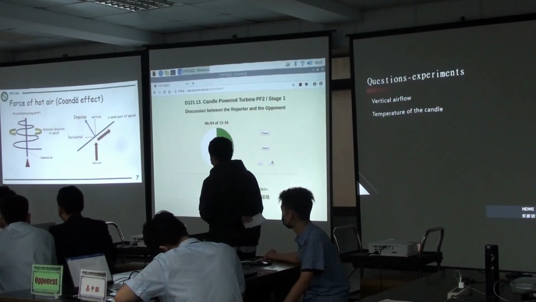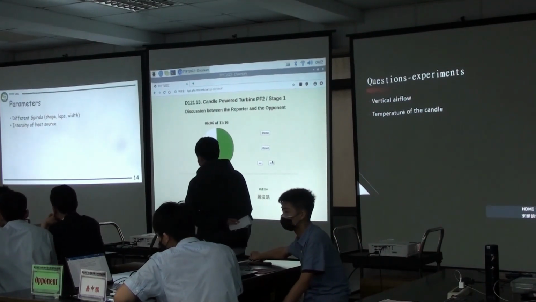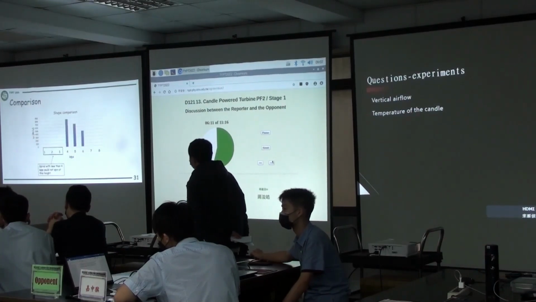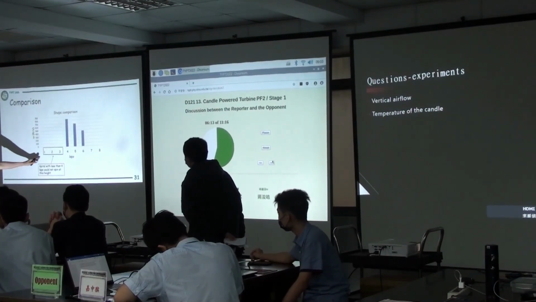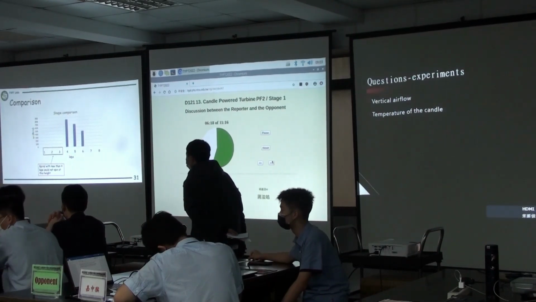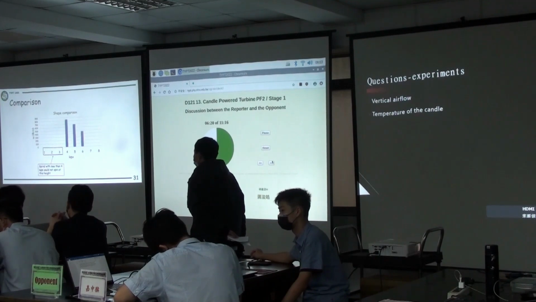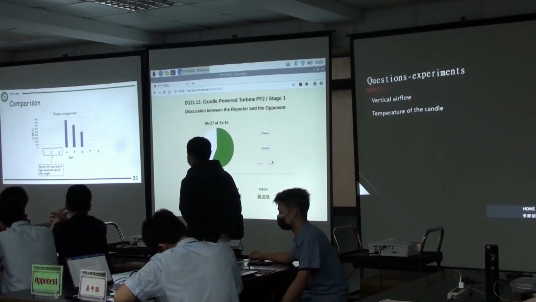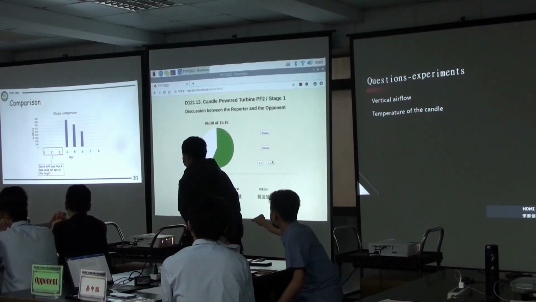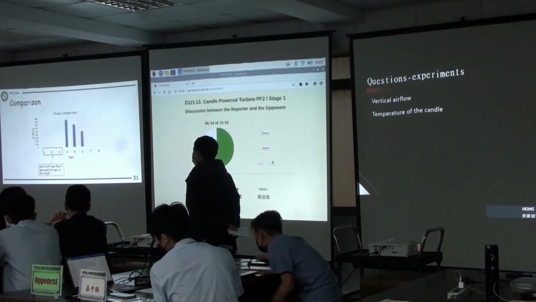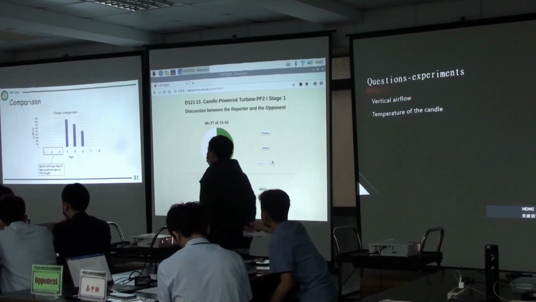That's also why we don't have data here: the spiral mass is too small, a very light and very small spiral, so the airflow and the torque created by the hot air is not enough to overcome the static friction force on the top. So it will not rotate.